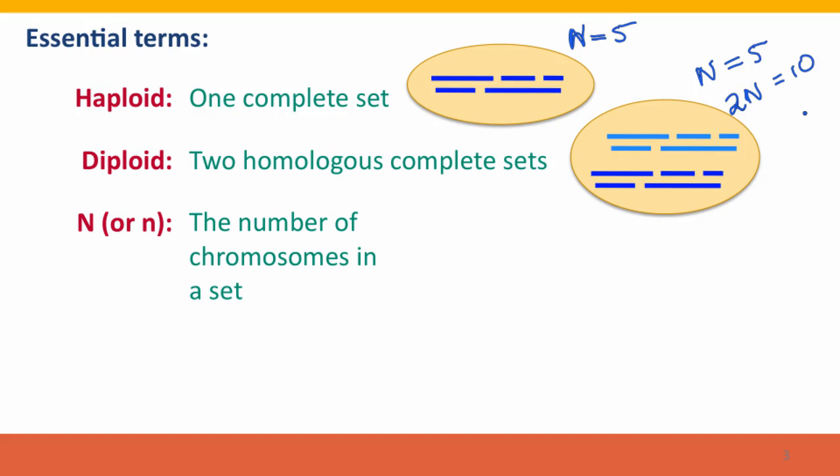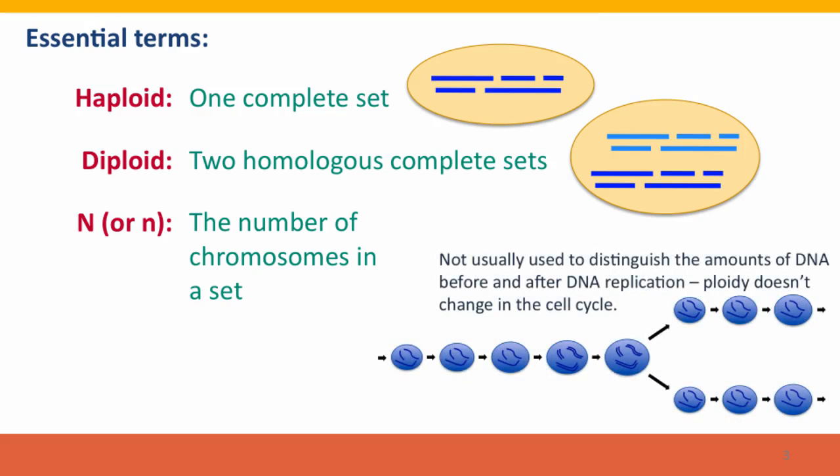Now, one point it's important to make clear is that the concept of ploidy is not used to distinguish between the amounts of DNA in the cell before and after DNA replication. So when we look at this cell, we can say that this cell must be haploid, and we can decide that because I've drawn it with only 3 chromosomes.